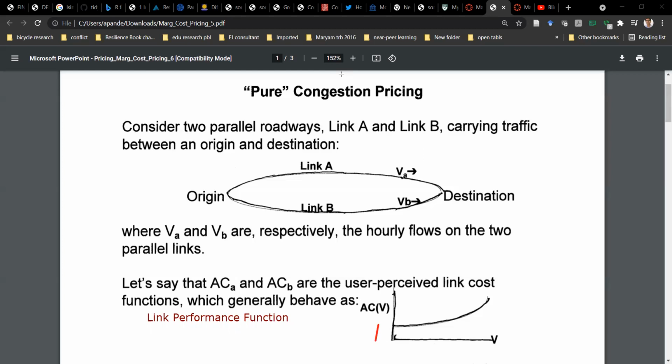Even if there is nobody on the road, this is your free flow travel time up to here. And then as more people get added to it, the travel time first rises slowly and then rises very fast. So that describes the cost function of being on the road.